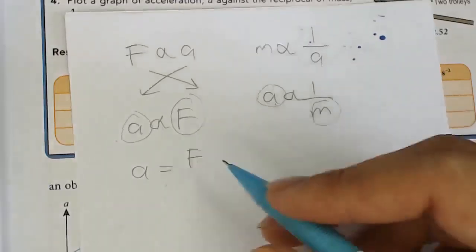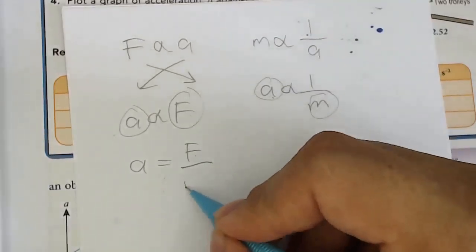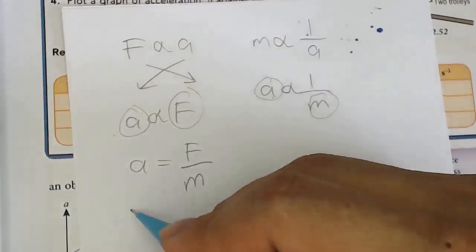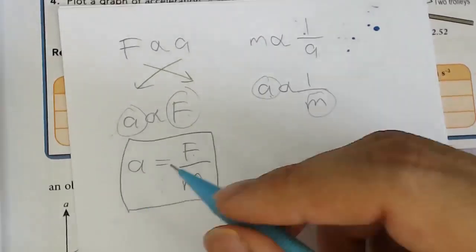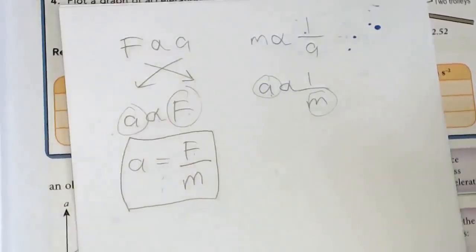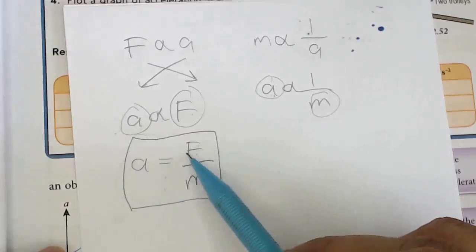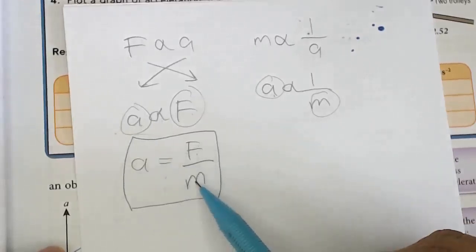This is why we put m under. So guess what? Here it is. We have derived a new formula that relates the three of them: F, a, and m.